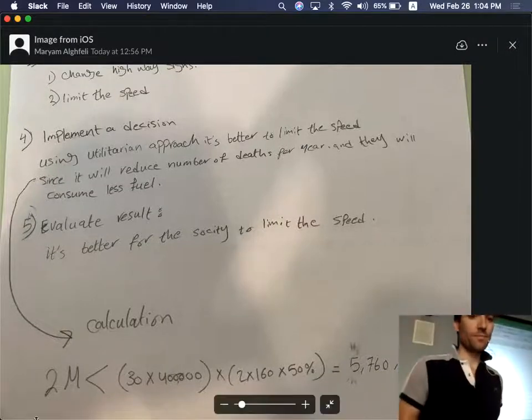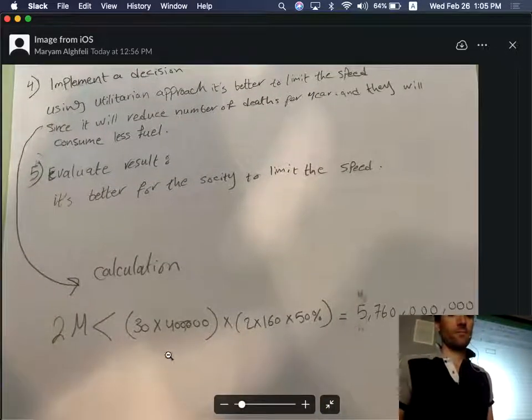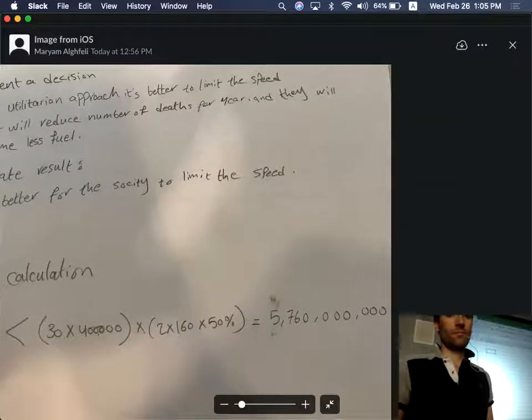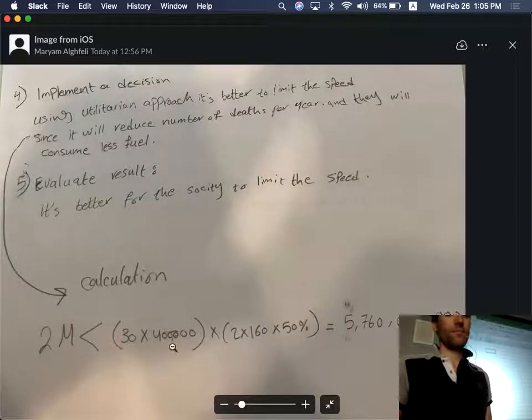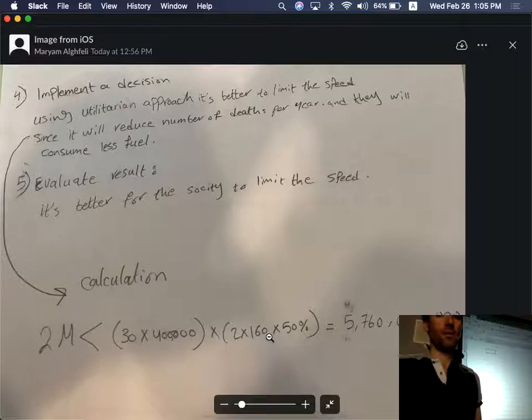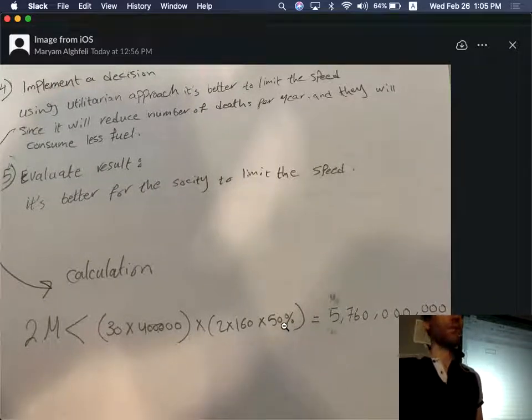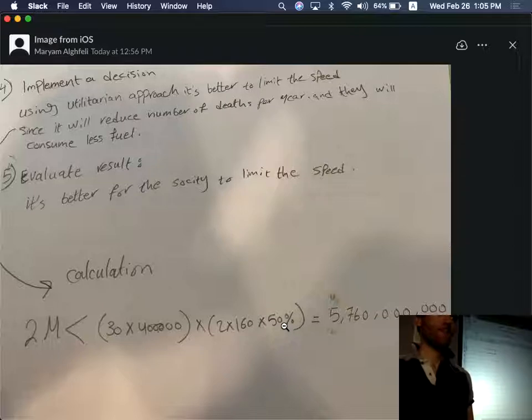But if we didn't change and we kept everything, we have 10 deaths at 400K for each death, times 2 dirhams per liter, times the 160 kilometers between Abu Dhabi and Al Ain, times 50% more fuel cost, and will have a way bigger number than 2 million. So the government will lose way more than 2 million if they don't change in the long run.